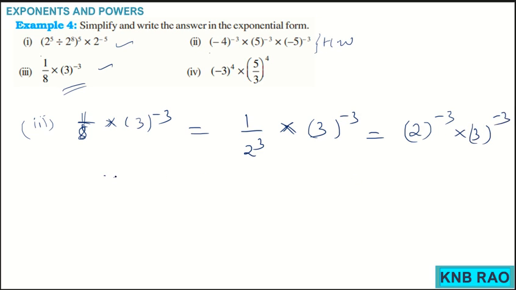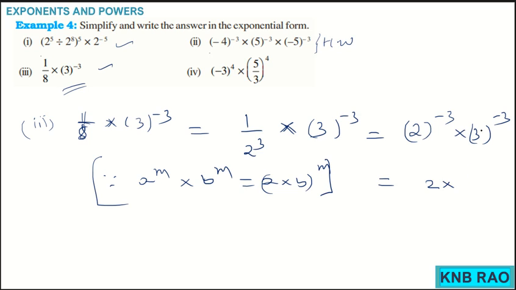So, using a power m into b power m as a into b whole power m, by applying this law, I can write this 2 power minus 3 into 3 power minus 3, where powers are same, bases are different. So, 2 into 3 whole power minus 3 becomes 6 raised to the power minus 3, which is the answer.